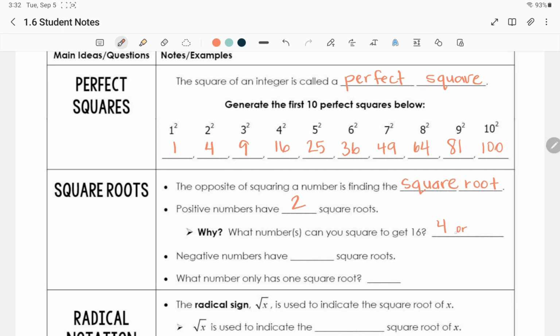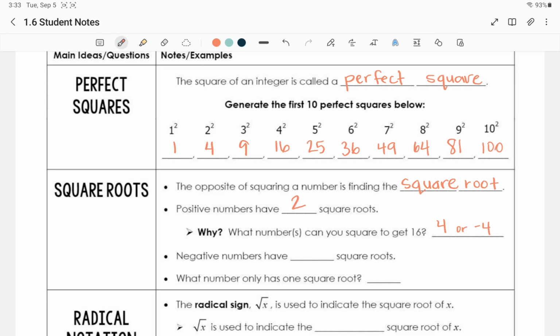A perfect square. -4. Because -4 times -4 is positive 16. Remember, when you square anything, multiply something by itself, even a negative number, you will get a positive. Those are the math rules that we learned at the beginning, right? 2 negatives multiplied together give you a positive.